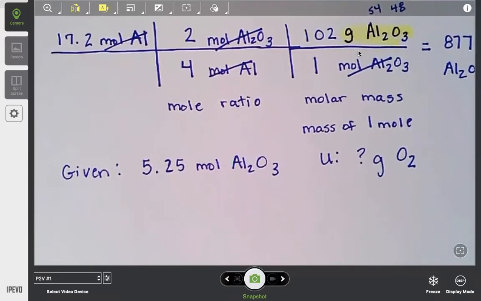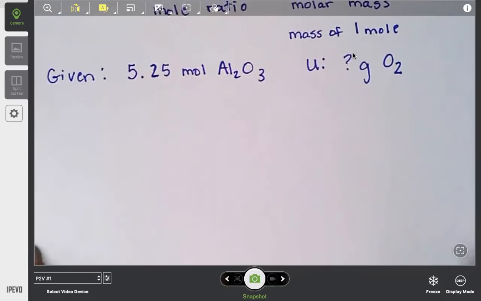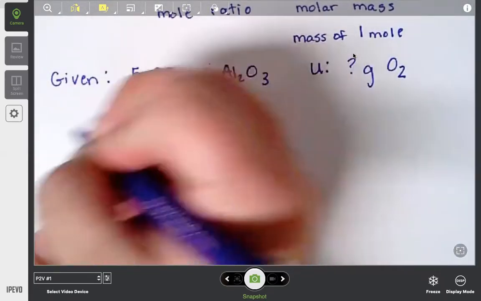All right, you can continue working if you're not quite finished. I'm going to go ahead and start working this out, so you can check yours along.